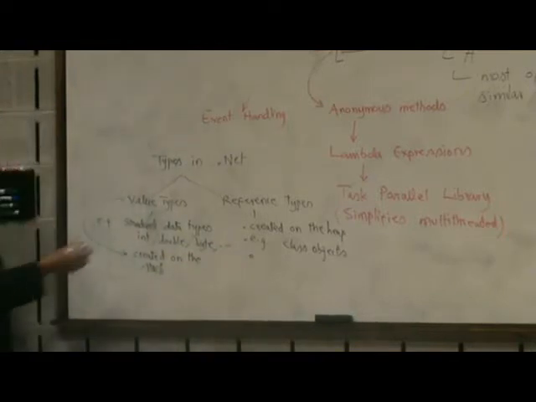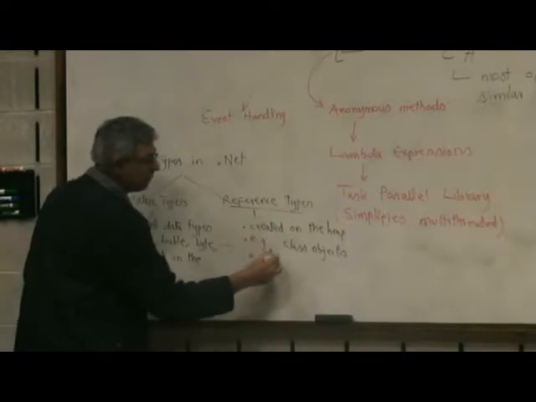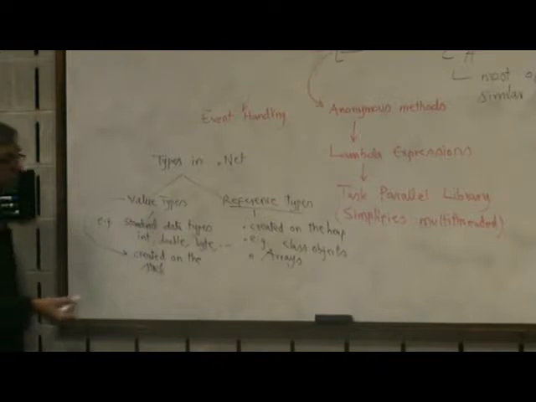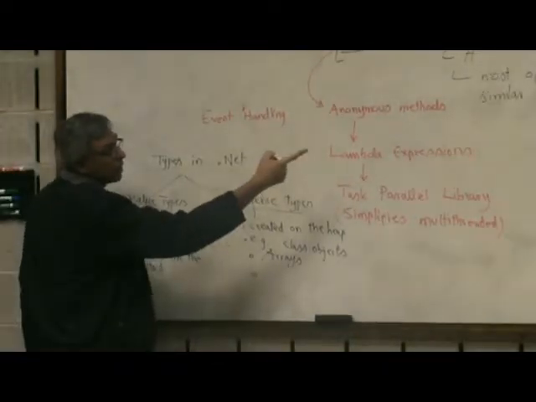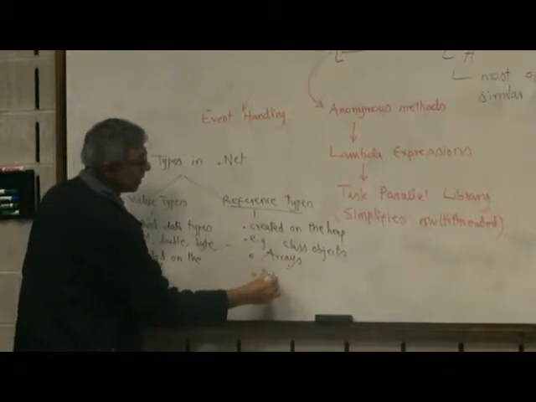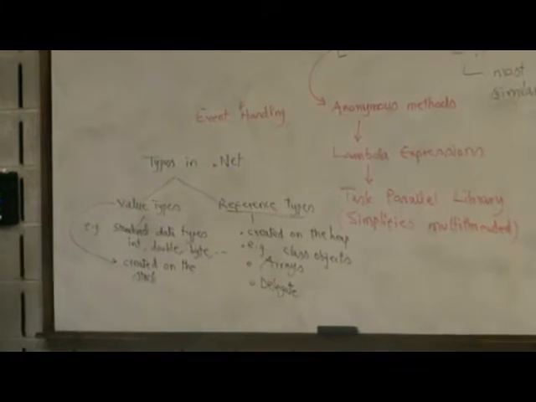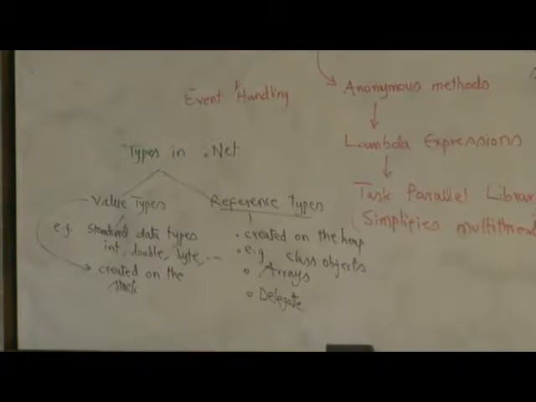Anybody remembers another type of reference types? Arrays. Memory for arrays is always allocated on the heap, so arrays are reference types, right? What else? As we are discussing delegate, we will see delegate as a reference type. So that means once we create a delegate, the memory for it will be allocated on the heap, right?